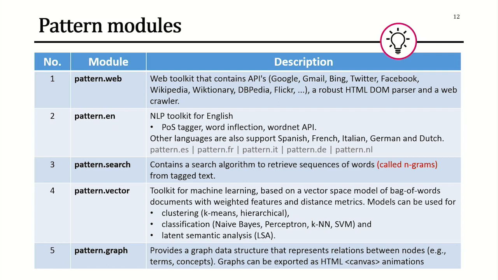We can find the web toolkits that contain APIs for Google, Gmail, Bing, Twitter, Facebook, or some other social networks where we can do web crawling to retrieve data. And we can also use these sub-modules to perform various NLP or machine learning algorithms.